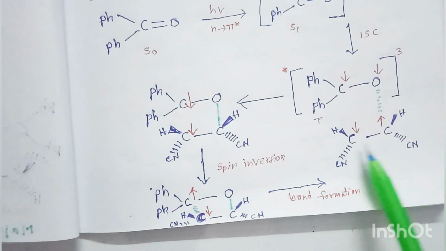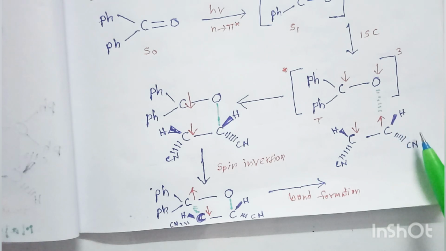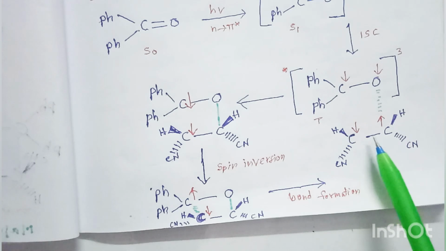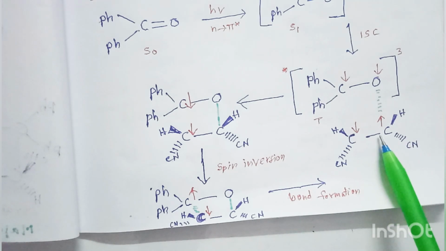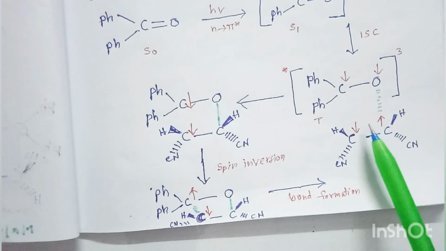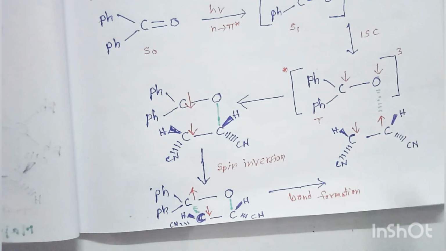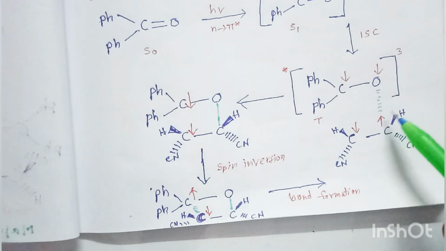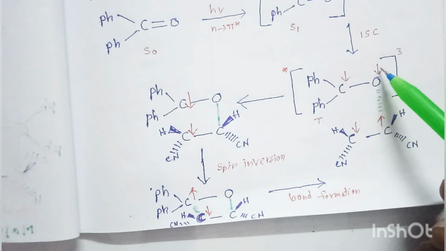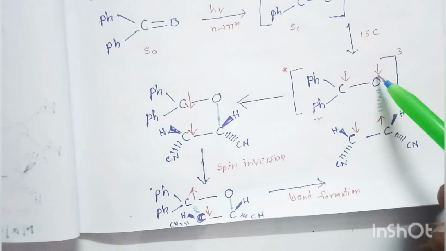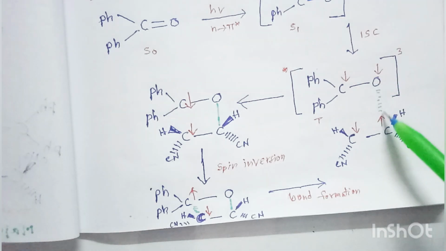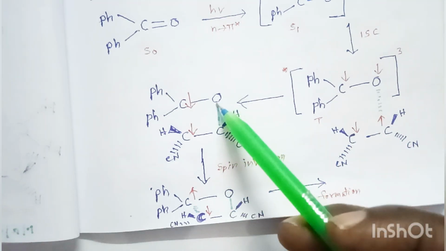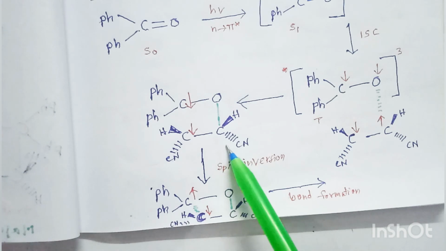To this, the alkene with cyanide groups, the electron withdrawing groups, is reacted. This carbon has an electron in clockwise direction and this oxygen has an electron with anti-clockwise spin, so these two will form a bond. So we get a 1,4 biradical intermediate.